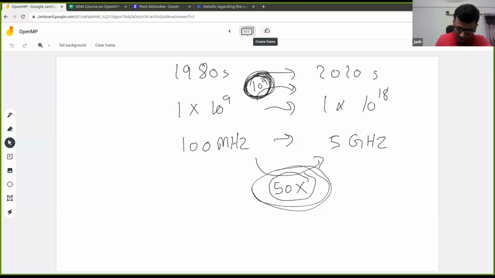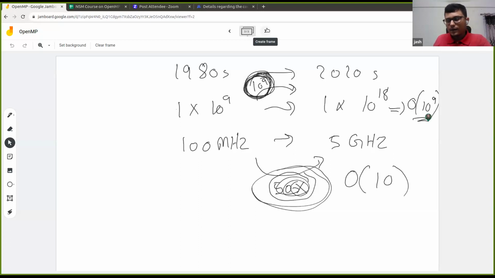It's of order of 10 here, while this is of order of 10 to the power 9, right? I hope this is visible. The clock frequency has not increased much in that magnitude, but the improvement is significant, 10 to the power 9 of improvement. So this is coming from this multi-core setup.